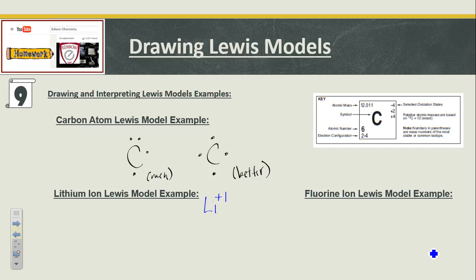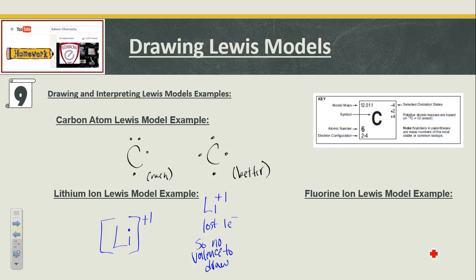If you look at the periodic table, we would only have to draw 1 electron on the outside of a lithium atom, but this is a lithium ion, so it lost 1 electron, meaning that there is no valence electron to draw. And so you just draw lithium like that with the +1 charge. Lost 1 electron, so no valence electrons to draw.